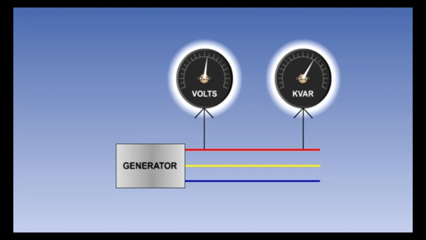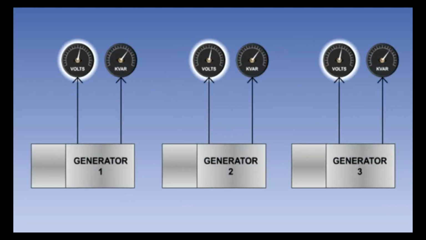Reactive load sharing is achieved by controlling the voltage output of each generator that is connected in parallel, by adjusting the current flow through the voltage regulator to the exciter generator. If the parallel generator's output voltages are identical, then the reactive load on each generator will be the same.